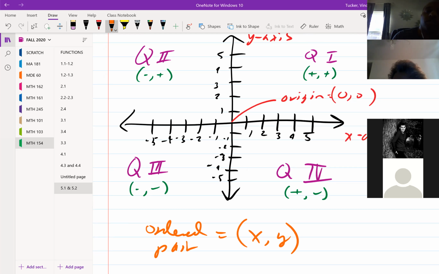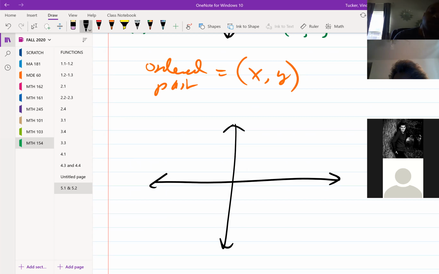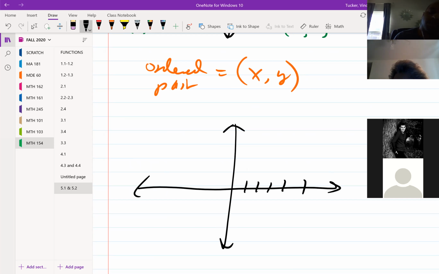All right. So just to make sure we're clear. If I wanted to plot 1, 2, I would go to the right one and up 2. Always start at your origin, go to the right one, up 2.